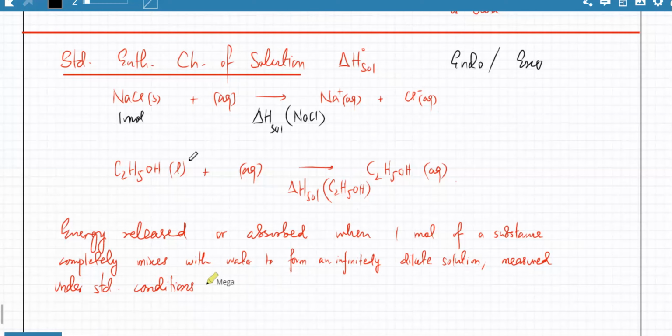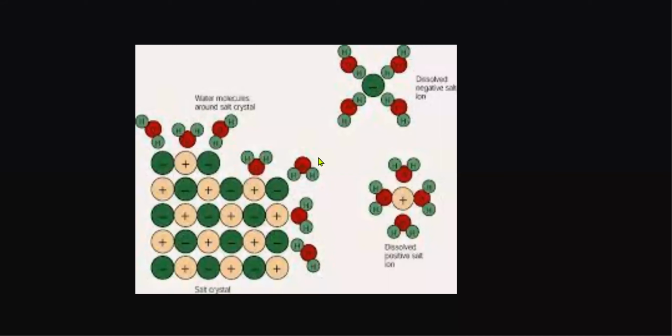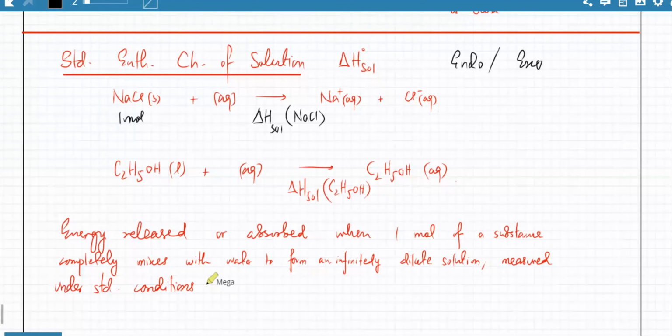You're not doing a reaction. Like you're mixing ethanol, so ethanol mixes with water, right? Which is why I'm just writing the state that ethanol was liquid, but now it's aqueous. Okay, so it's not reacting with water; it's just mixing with water. The ions are still there, but they've just mixed with water. Water molecules are surrounding them now. Is this clear? Yeah.